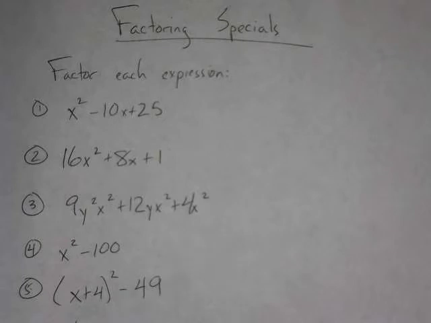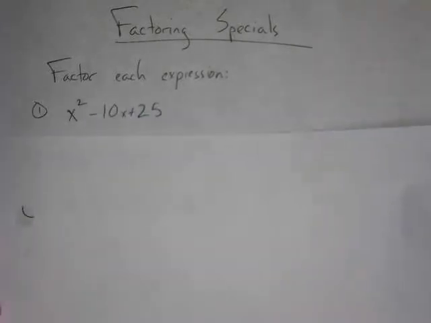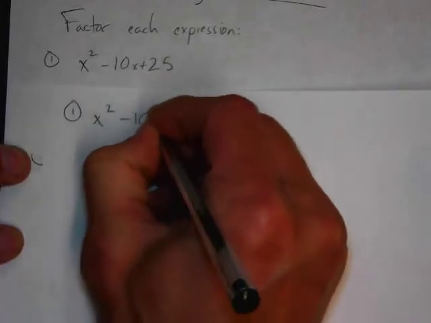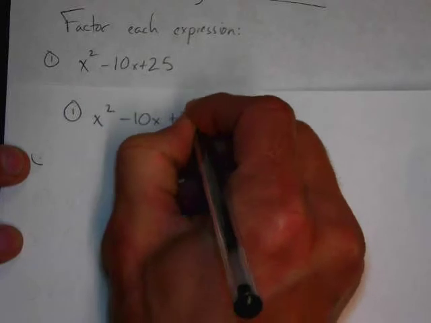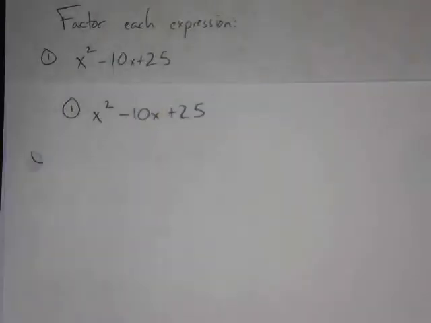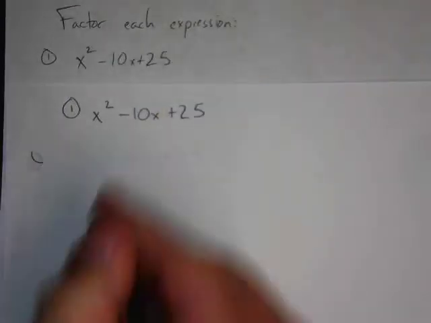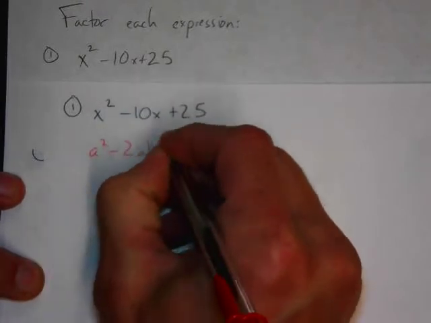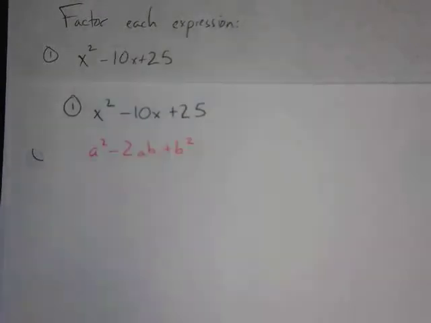We look at our first expression, x squared minus 10x plus 25. You can totally factor this any way you'd like. You can use the x factor method. You can factor by grouping, but hopefully you can recognize that this is a perfect square trinomial. It's a squared minus 2ab plus b squared.